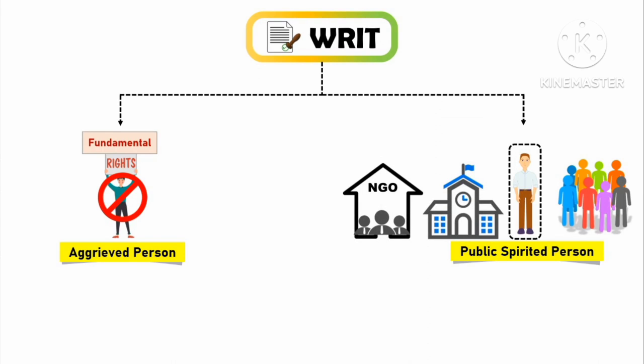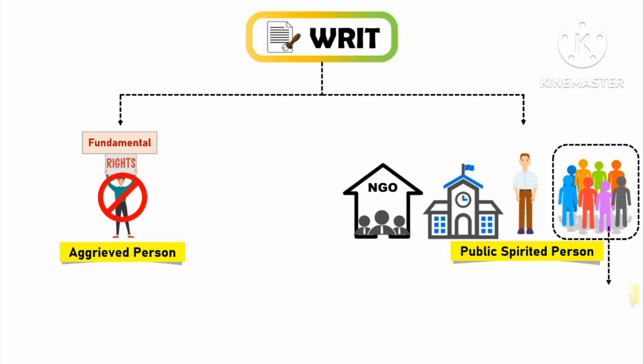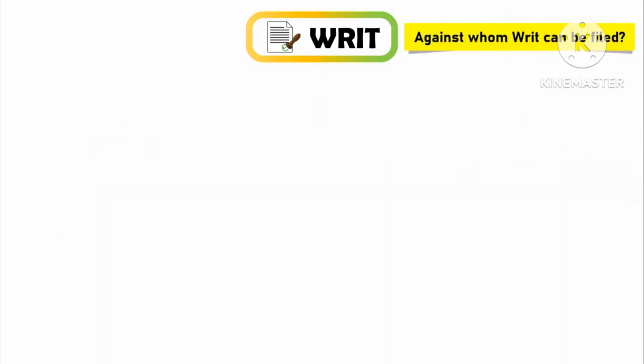One more thing you should note down is that a person from this group can also file a writ petition in the court. This type of petition is called a representative petition, where a person seeks justice for himself as well as for his group. Now another question is, against whom can the writ petition be filed?